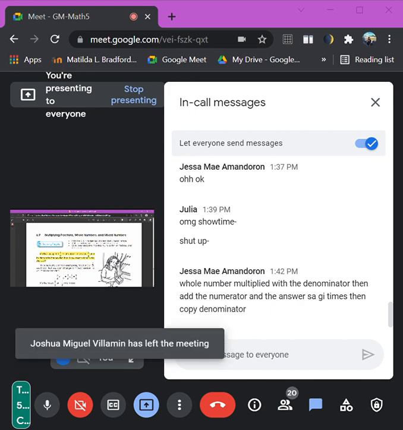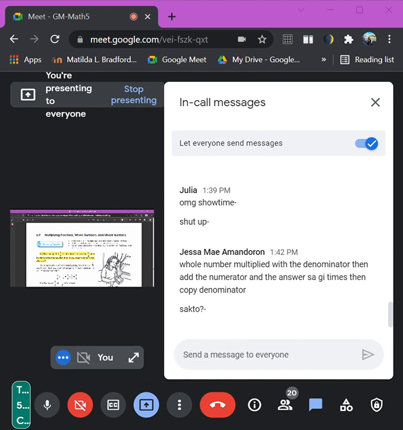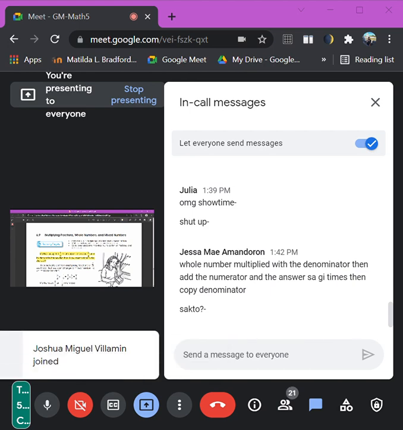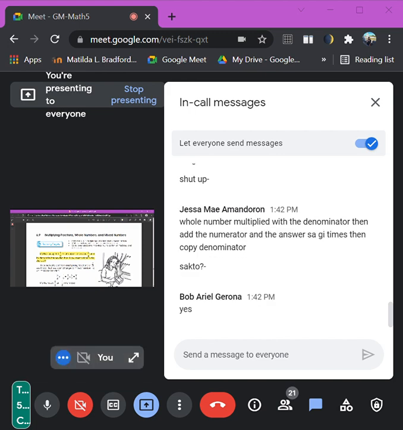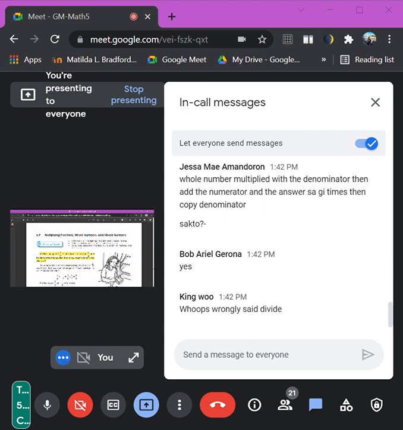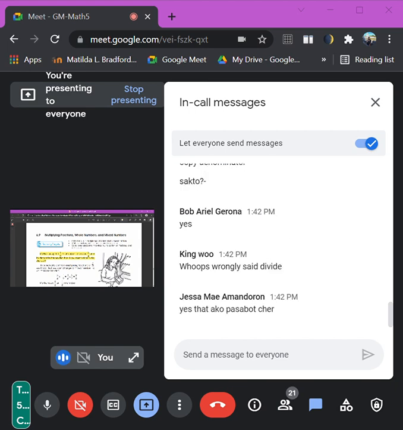Okay. So remember, when we change a mixed number, whole number times the denominator, and then we add the product to the numerator. And then the sum will be your numerator, over the same denominator used in the mixed number.